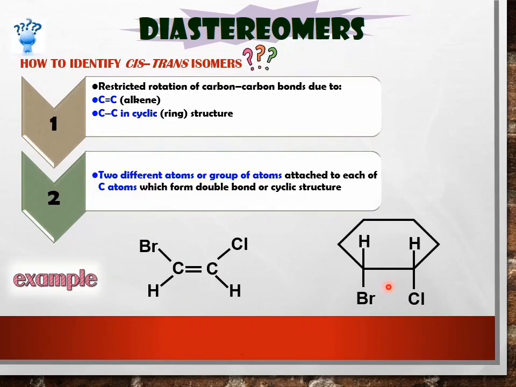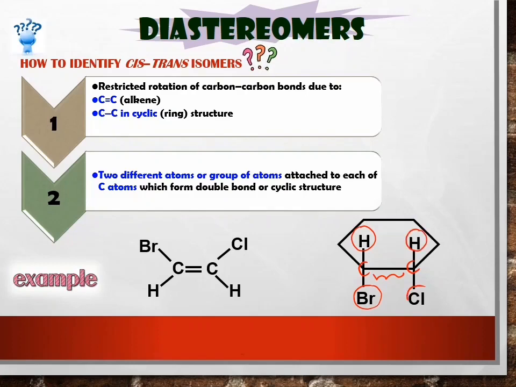Because this structure consists of a ring. Look at this compound: we have 6 carbons, but we need to focus on these 2 carbons only, because they carry branches. Both carbons here have restricted rotation, no more rotation between these 2 carbons. For the second criteria, this carbon is bonded to 2 different groups of atoms: 1 hydrogen and 1 bromine atom.